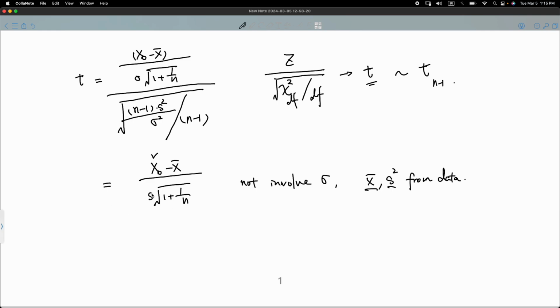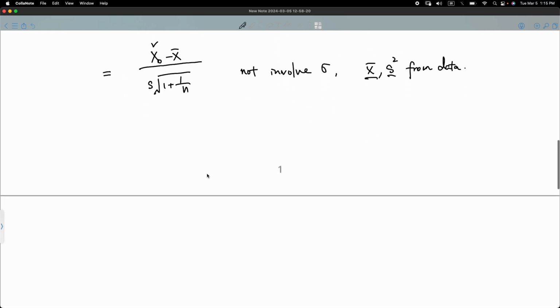So with that, and we also know that it follows a t distribution, then we are able to construct a confidence interval for x0. So now just to write down the conclusion.